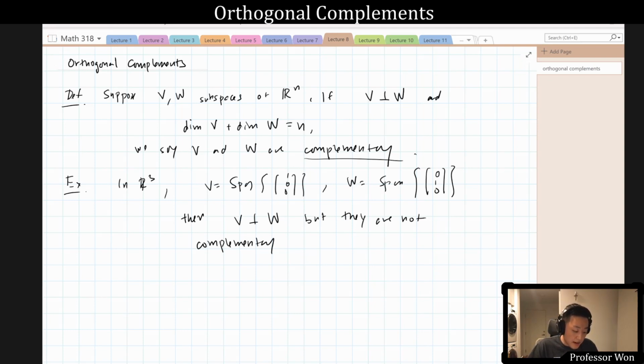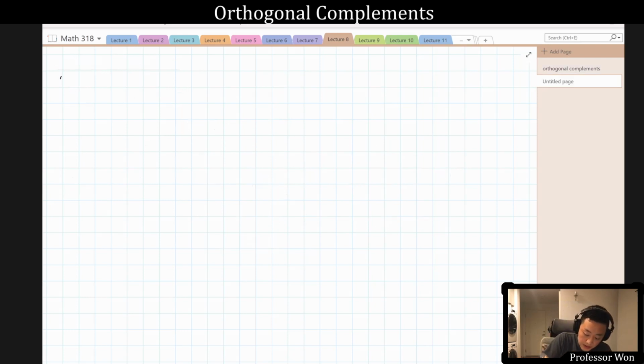Let me now define the orthogonal complement of any subspace. The orthogonal complement will be a complementary orthogonal subspace. So here's the definition. Let V be any subspace of Rn.